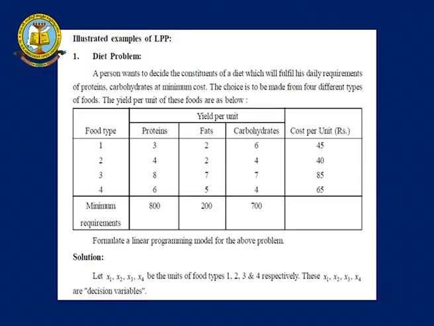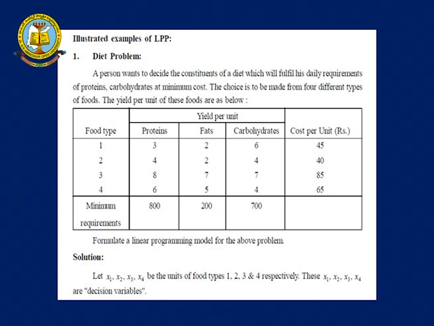A person wants to decide the constituents of a diet which will fulfill daily requirements of proteins, carbohydrates, and fats at a minimum cost. He is giving three quantities: proteins, carbohydrates, and fats at a minimum cost.